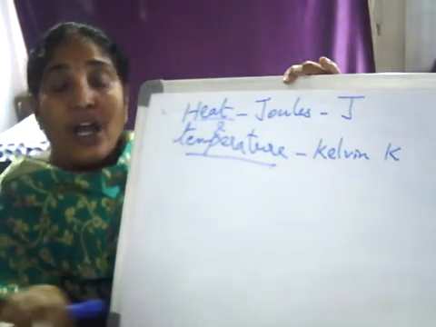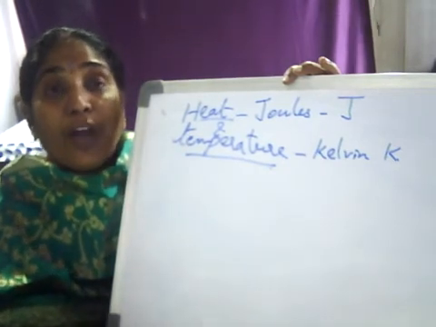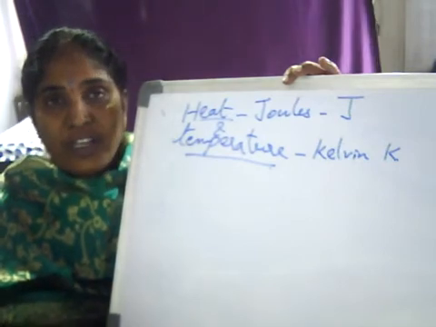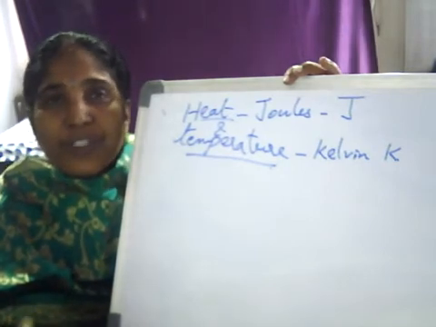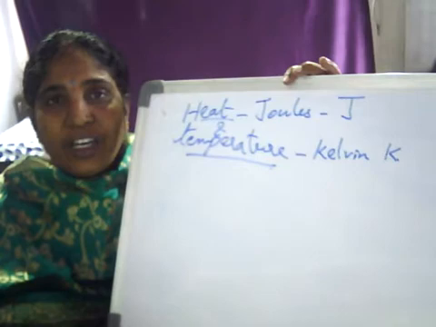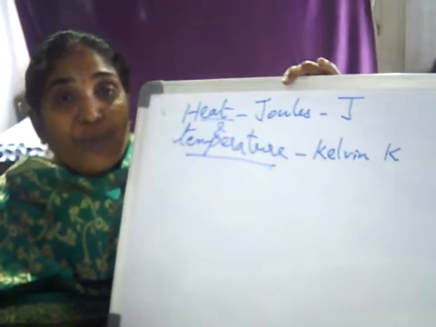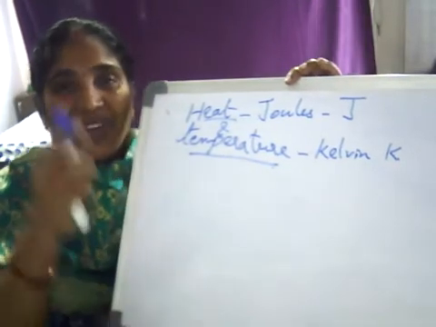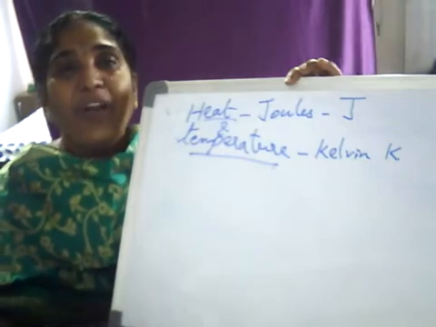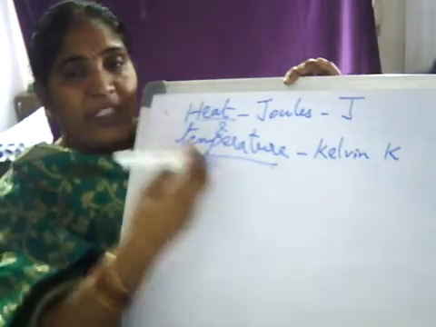Now, how are we going to measure this hotness and coldness? We use an instrument. Can you tell me what the instrument to measure temperature is? Right. It is what we call a thermometer.